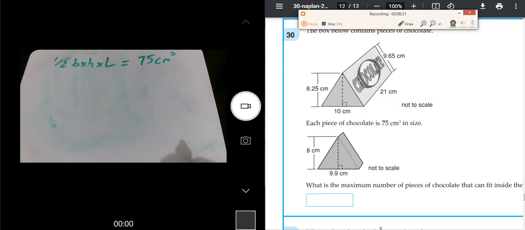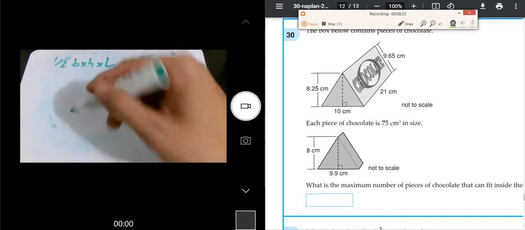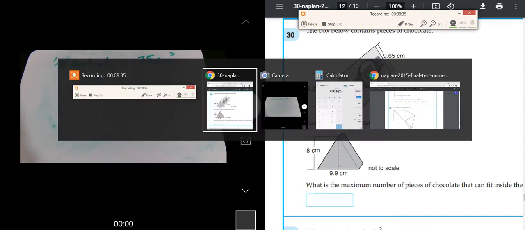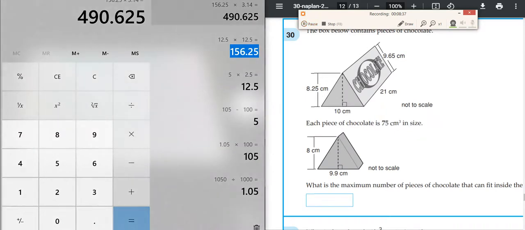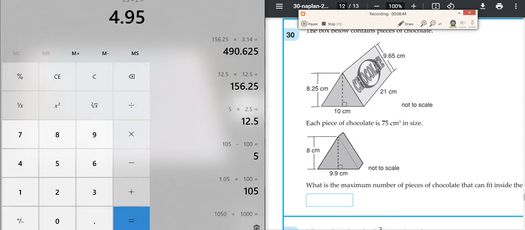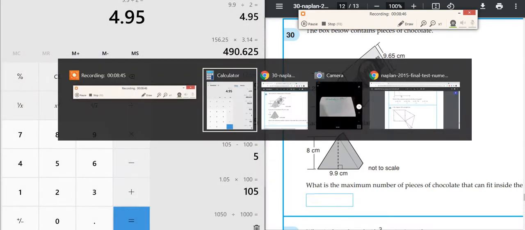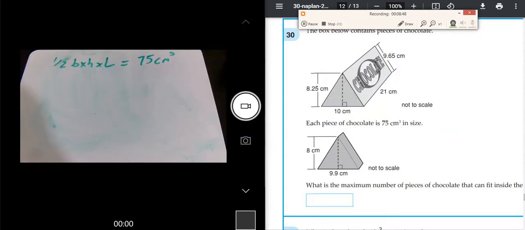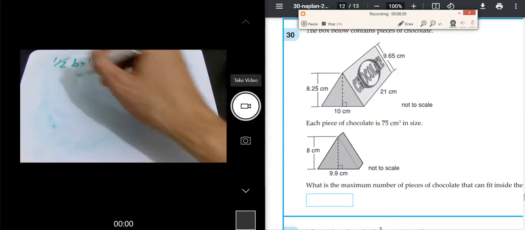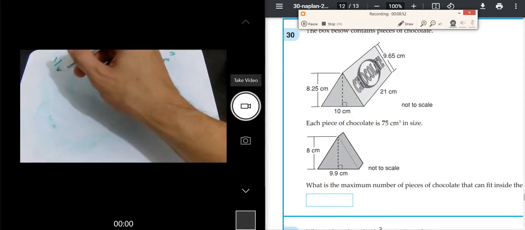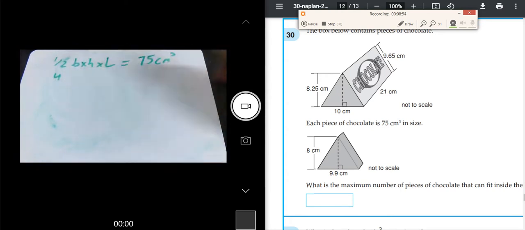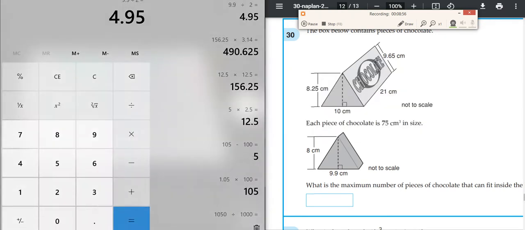Now we know that the base is 9.9, so we need to half 9.9. 9.9 divided by 2. So there's our half base. So our half base is 4.95.